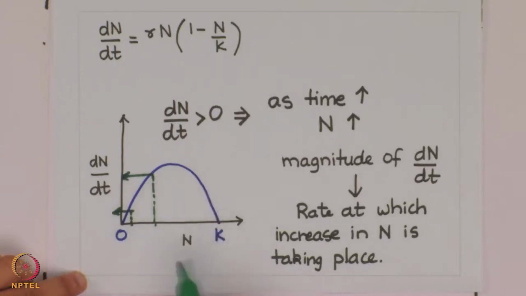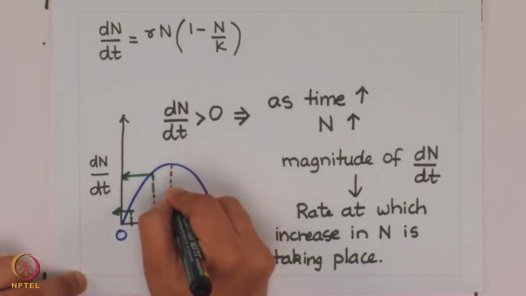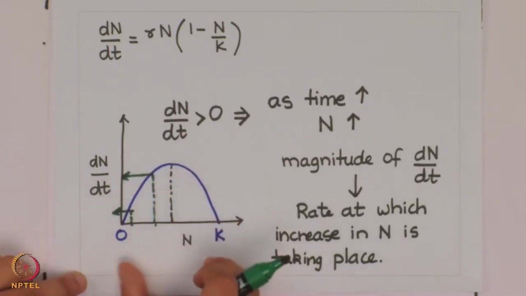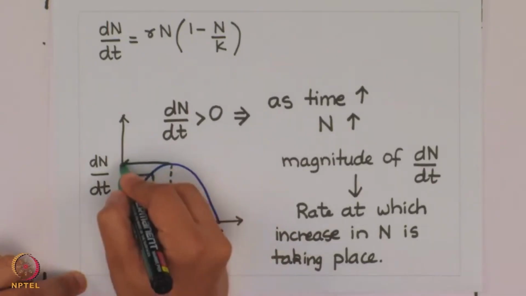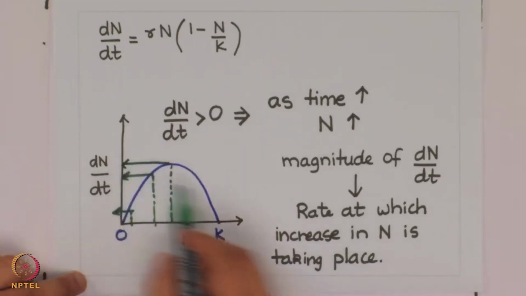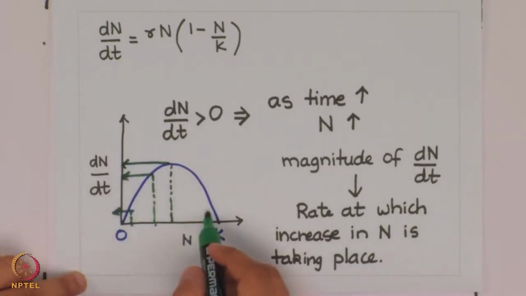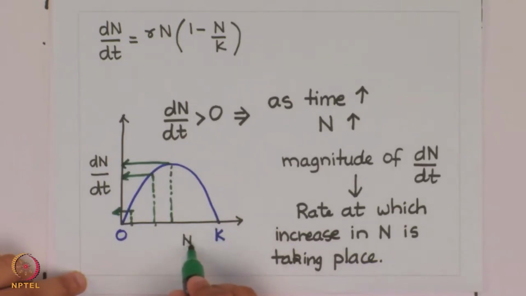From this graph, I can see that there is a peak value which occurs somewhere between 0 and k, at which the rate of increase of population with n is maximum, and after that, as n increases further, the rate of increase of n with time decreases, and eventually the system wants to stop at n equal to k. Hence, when the number of bacteria in the population reaches k, dn by dt is equal to 0 and the population is no longer increasing with time.